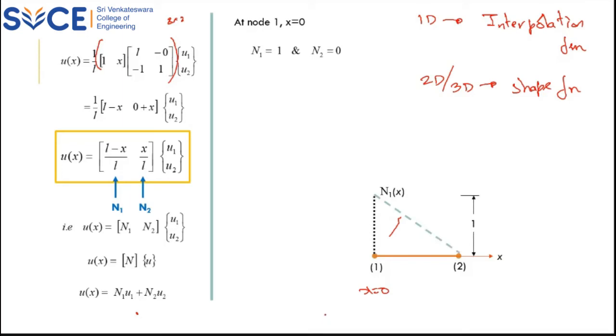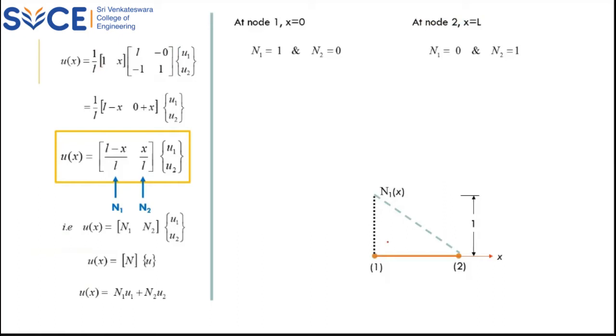When I substitute x is equal to L, you'll get N2 as 1 and N1 as 0. Substitute it and you can see: L minus 0 over L, since I'm substituting x as L, L by L is 1. So you will get another function like this.